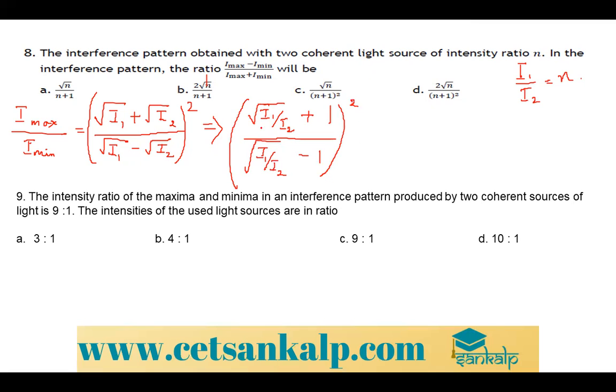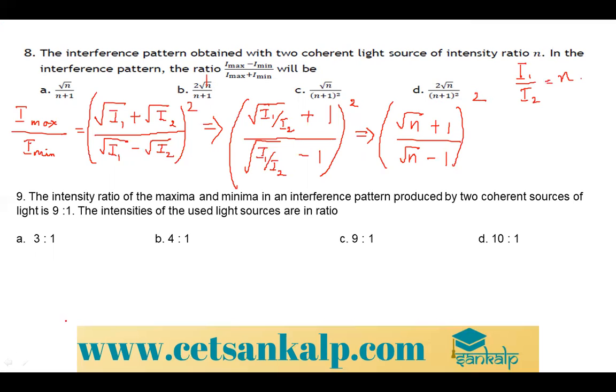But I1 by I2 is nothing but n, so root n plus 1 divided by root n minus 1, the whole square. Keep this as it is.